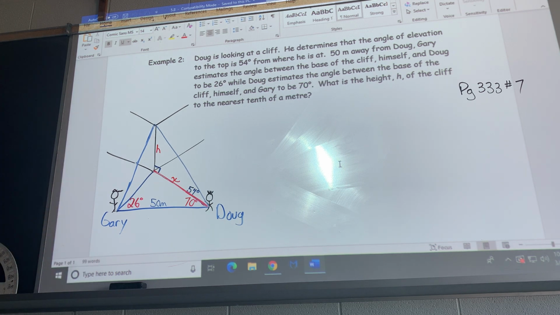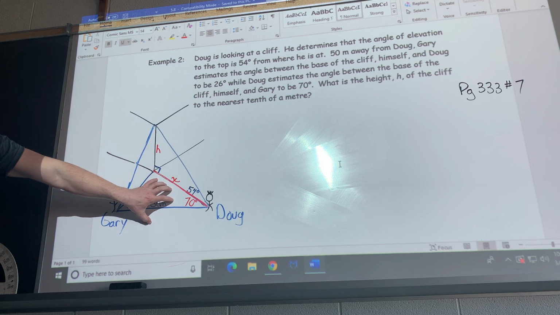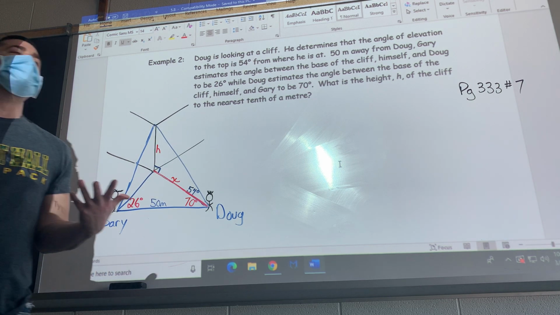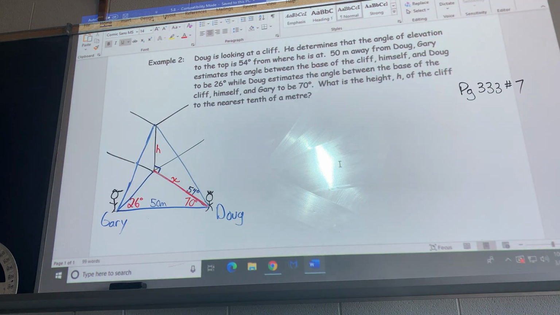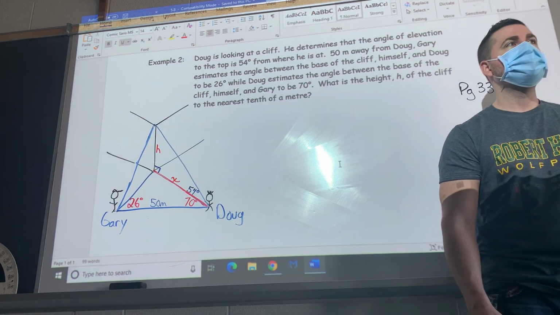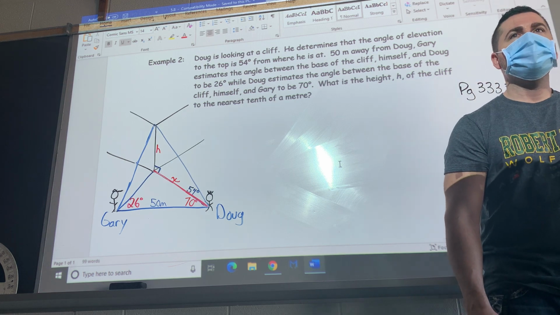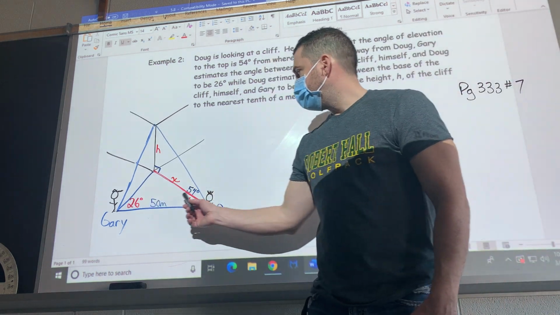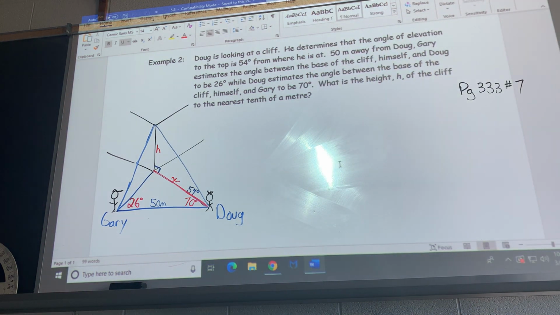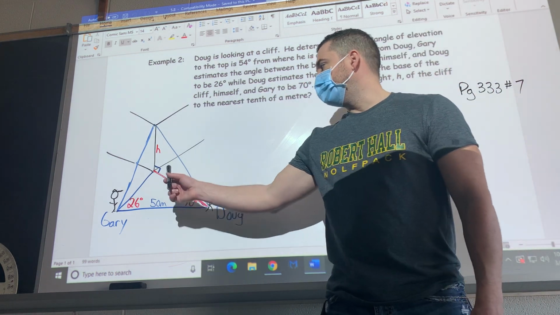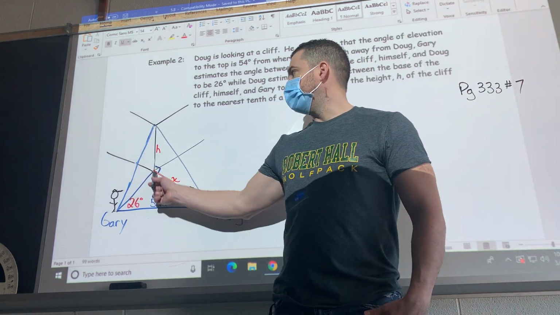So we have to use the bottom triangle. What information is given in the bottom triangle? We have two angles and one side. This is not a 90-degree angle, these ones will be because it's along the cliff.